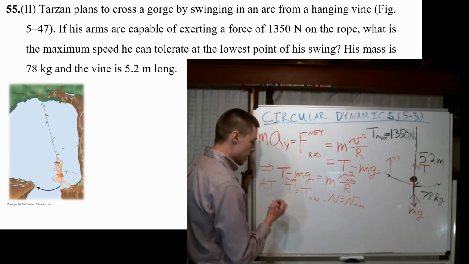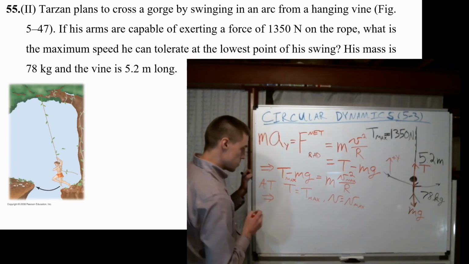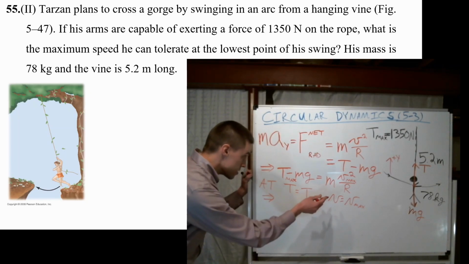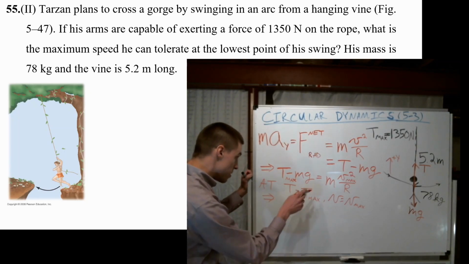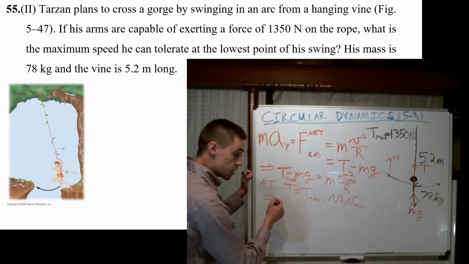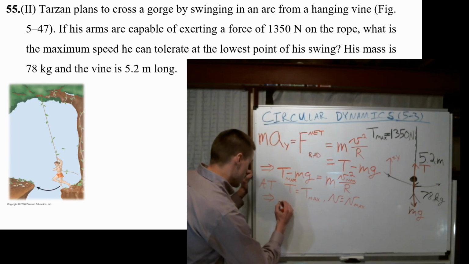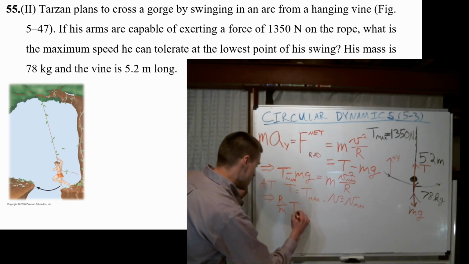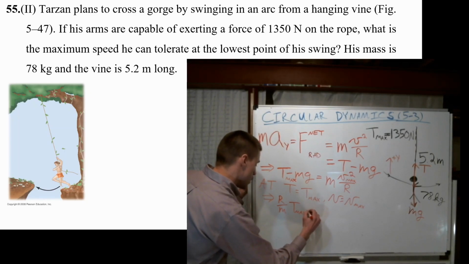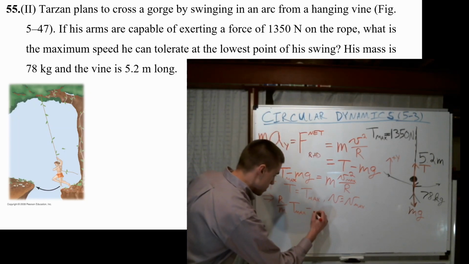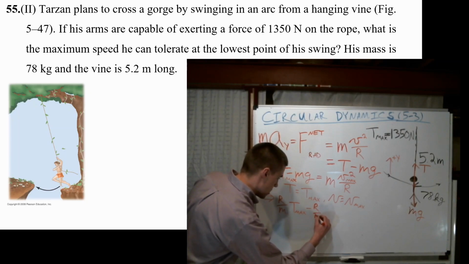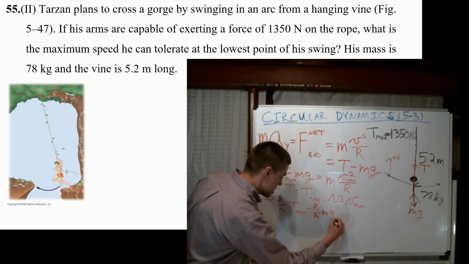So let's do that. We'll take this equation and multiply by r on both sides and divide by m. So we'll have r over m times T max minus r over m times mg.